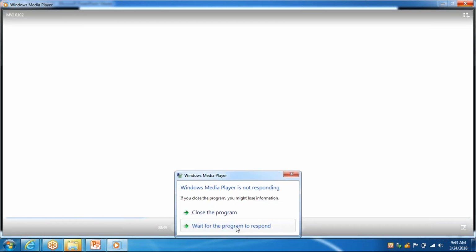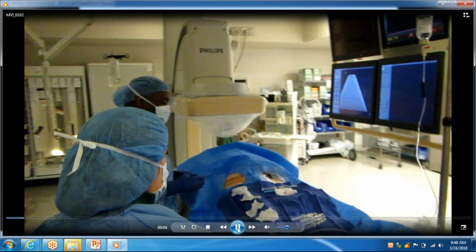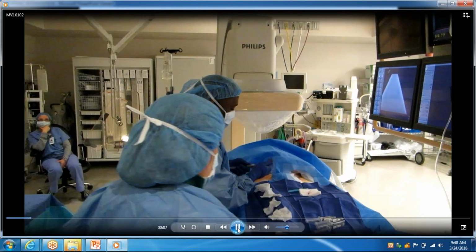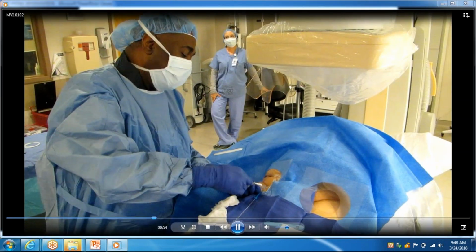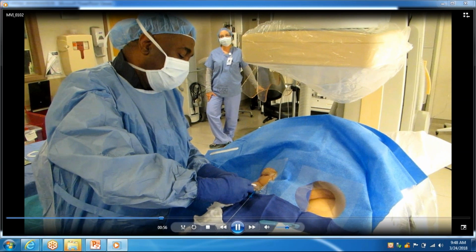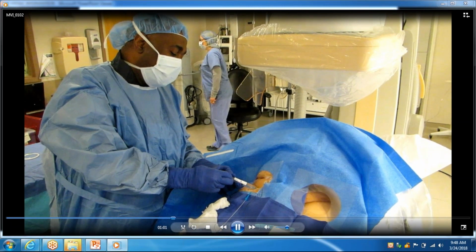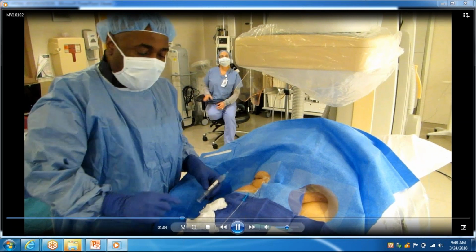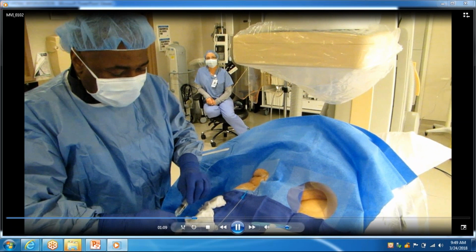So you give your anesthetic into the area. You want to numb the area because you're going to be working there. You're going to be using needles and stuff like that.